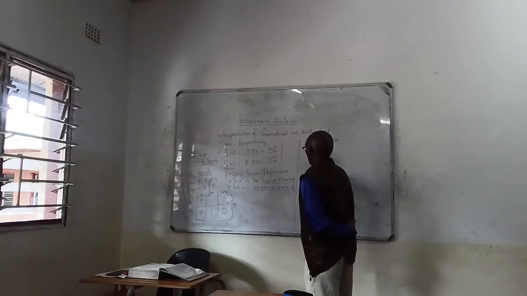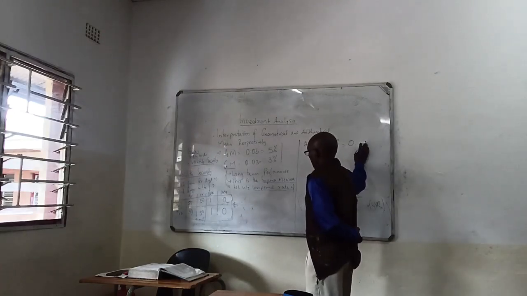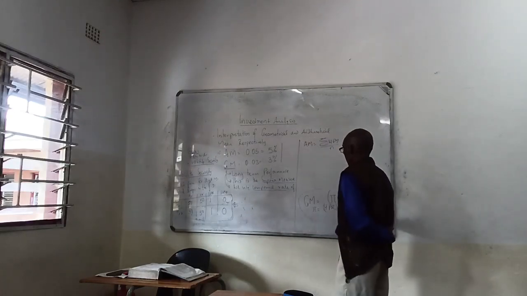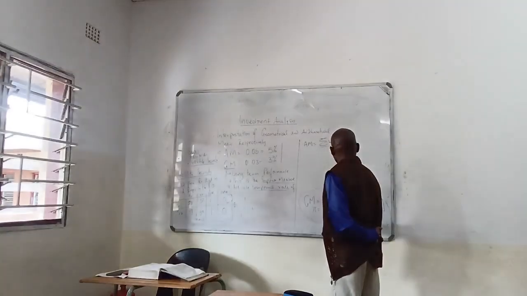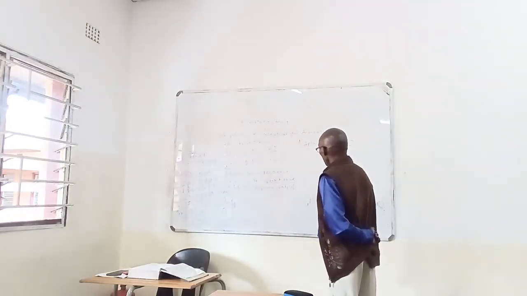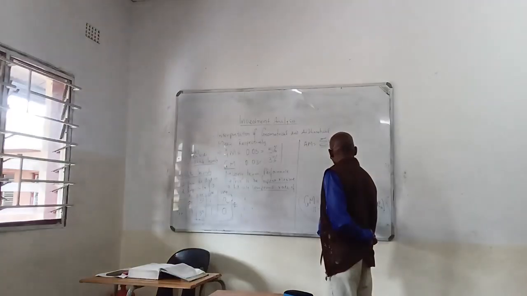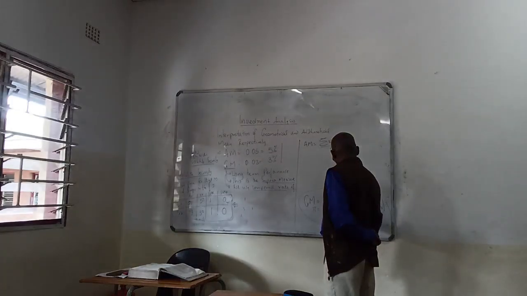Add 0, it's 0. Divide by 2, that's 0. Here, you multiply: 1 times 1 is 1, to the power 1 over 2, which is the square root of 1, which is 1.